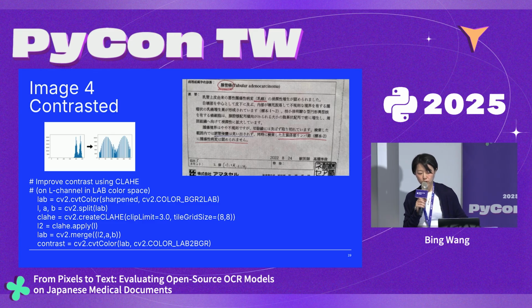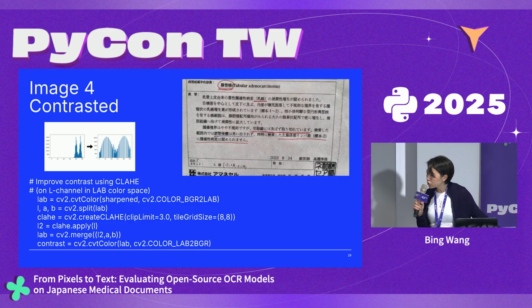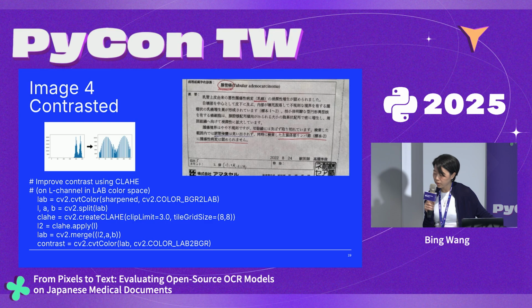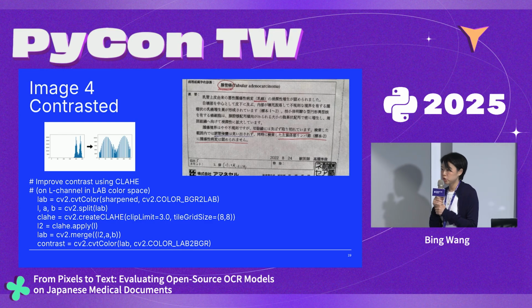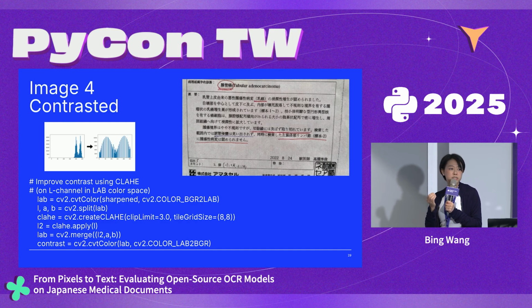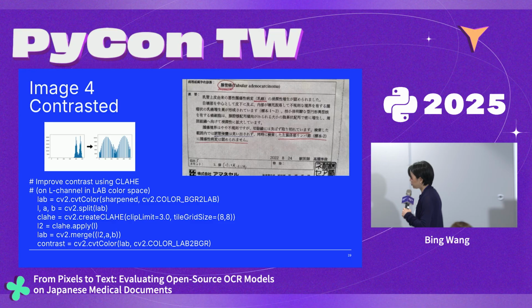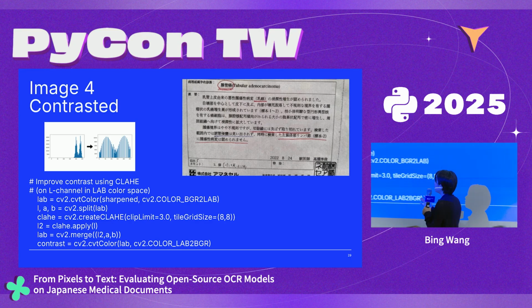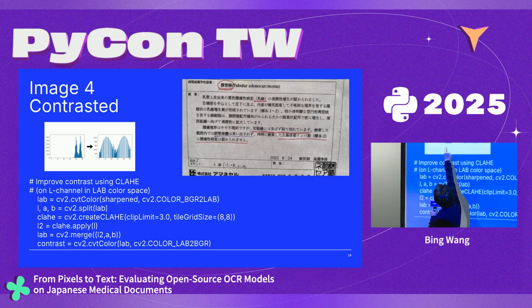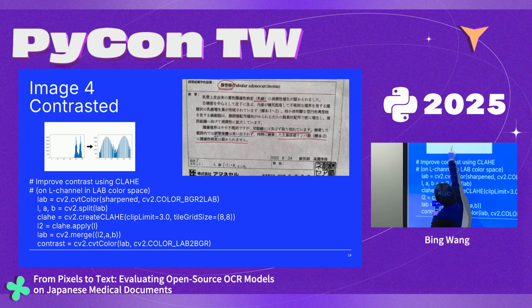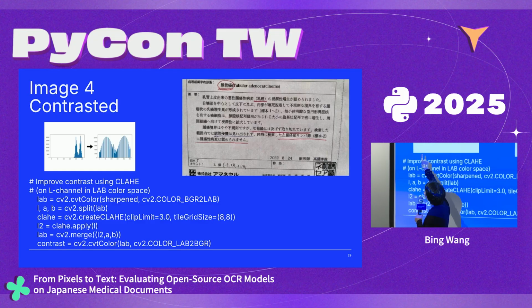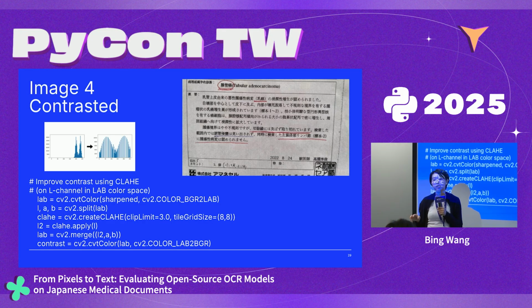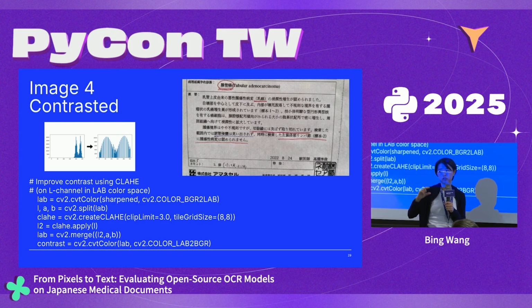I also tried to create more contrast in the image. For this algorithm, we extract the lightness value of a pixel, and from it, you create a histogram. For example, the x-axis is the lightness index, and the y-axis is how many pixels of this image have that value.